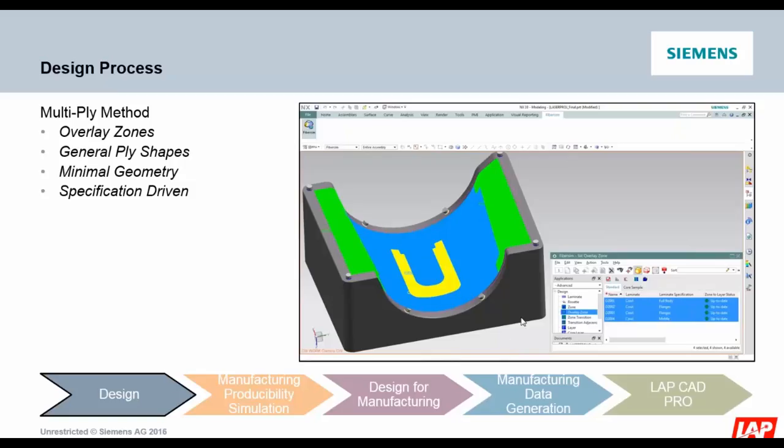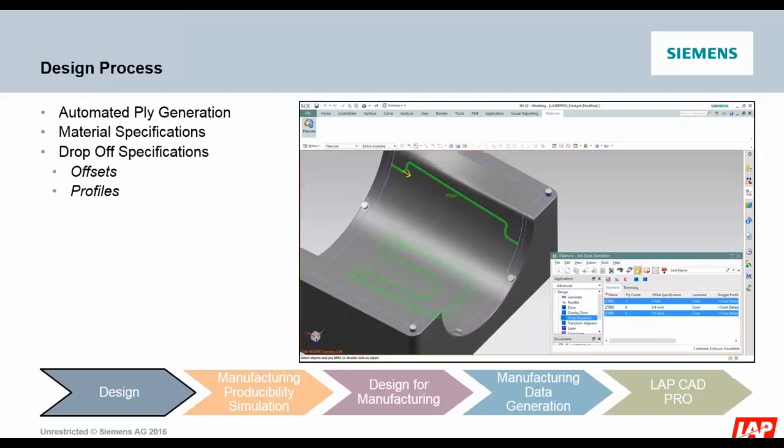These hybrid approaches allow greater efficiency in the design process. A multiply method would allow somebody to define what we call overlay zones, which are independent zones that are general ply shapes. The user creates minimal geometry and defines the specification in order to achieve the rest of the composite design and the boundaries for all of the plies.